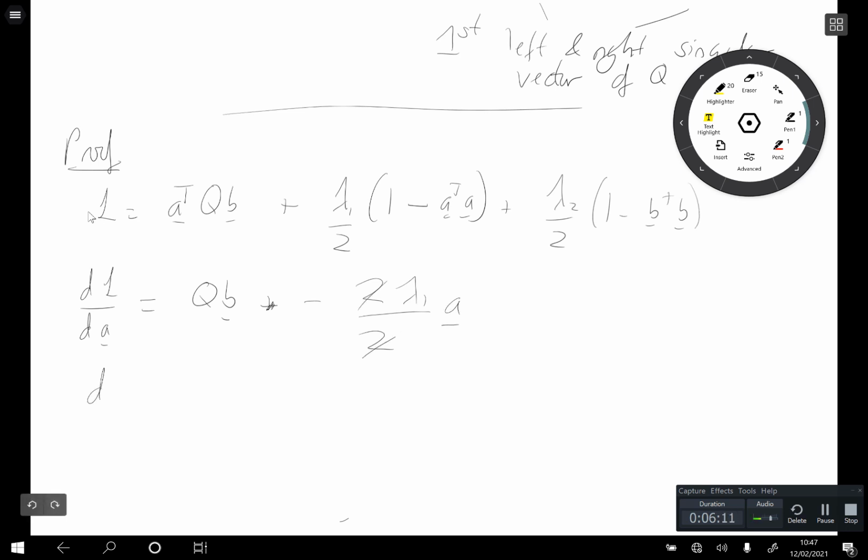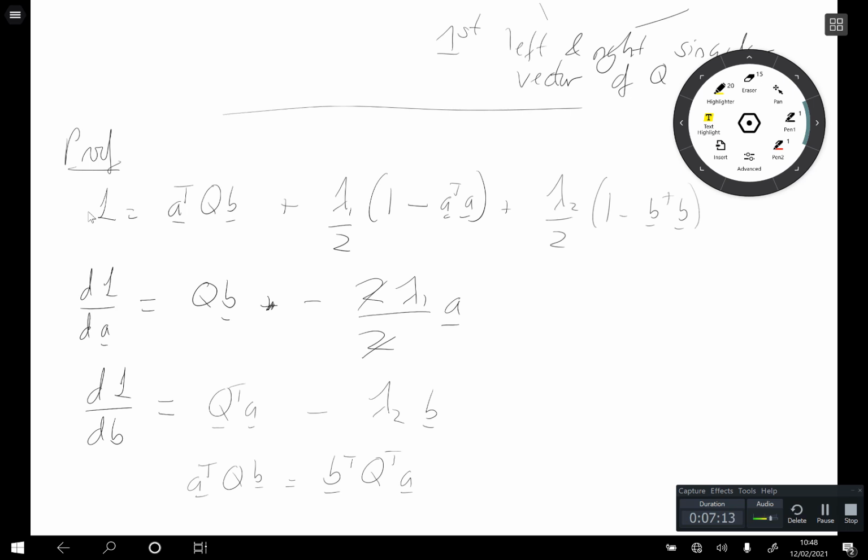Similarly, let's differentiate with respect to B, and we're going to get Q transposed A minus lambda 2 B. Why do we get Q transposed A here? Well, A transposed QB just equals B transposed Q transposed A. They're both scalars, so transposing them doesn't change anything. So now it's clear that if we differentiate this with respect to B, we get Q transposed A.